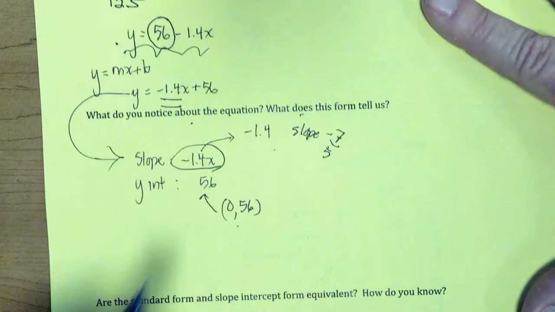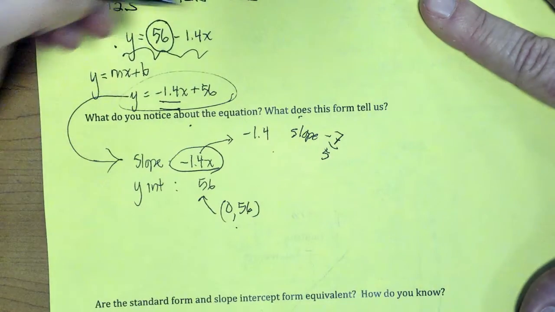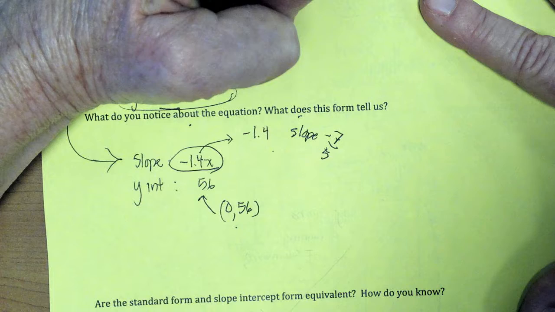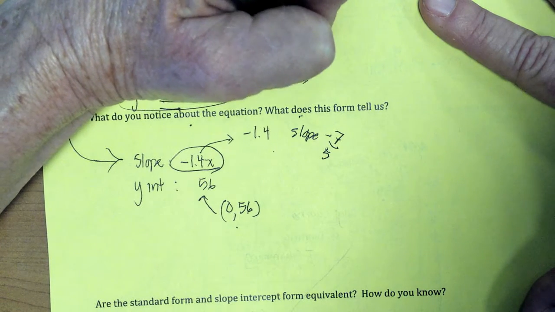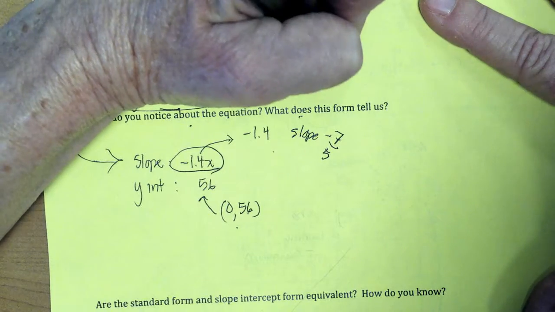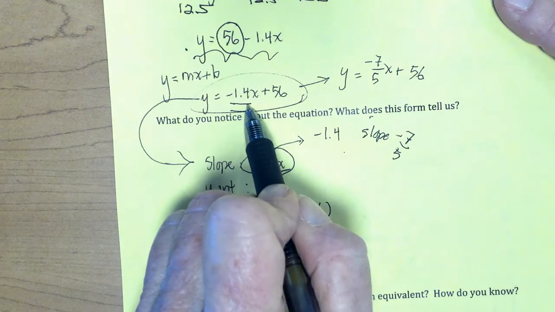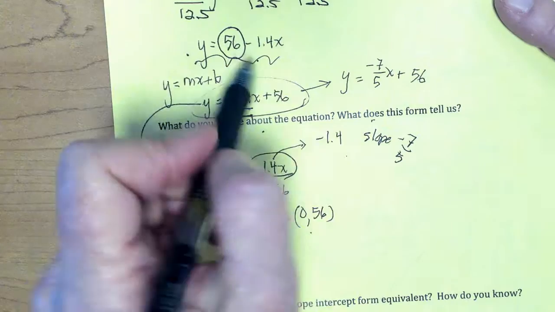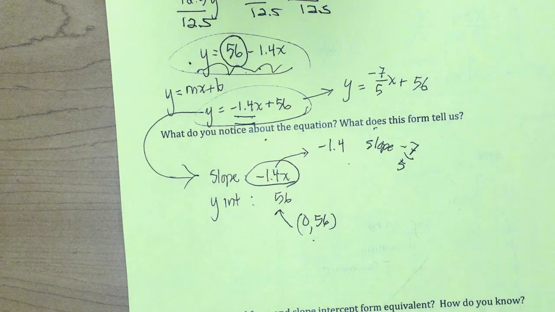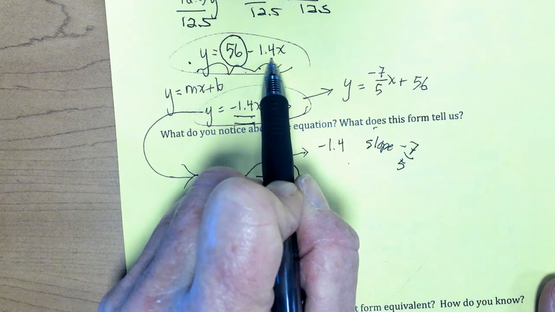So this totally works. I could actually rewrite this to be y is equal to negative 7 over 5x plus 56, or I could have left it like that. That's totally fine. This actually makes more sense to me, because it means that my rate of change is negative 1 4/10.